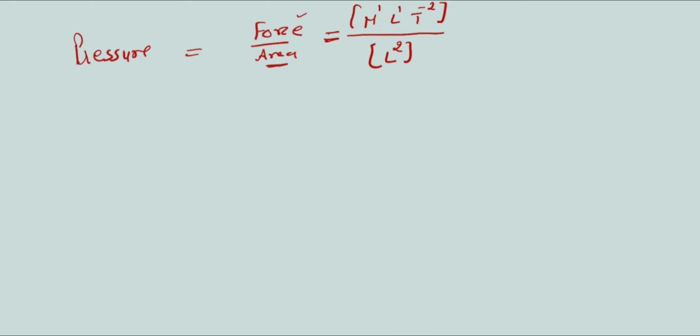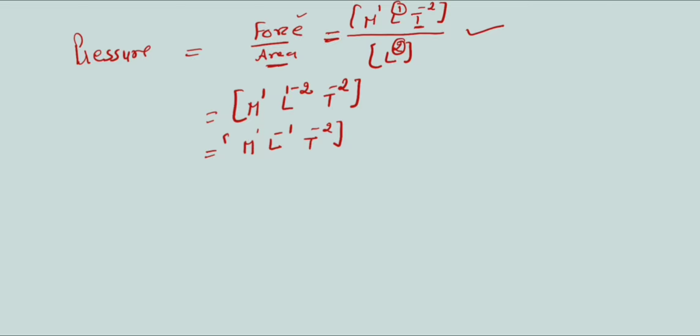So now we have to use the rules of exponents to solve this. So we'll get M raised to power 1, L raised to power 1 minus 2, that is minus 1, and t raised to power minus 2. So this is the dimensional formula for pressure: [M^1 L^-1 t^-2].